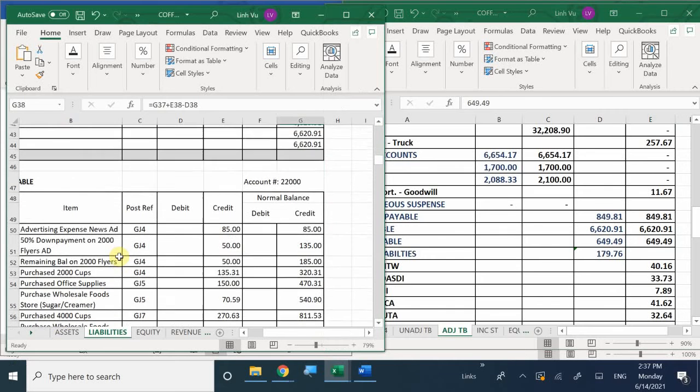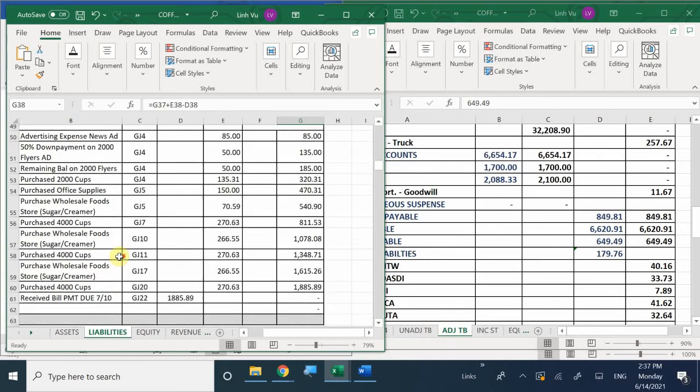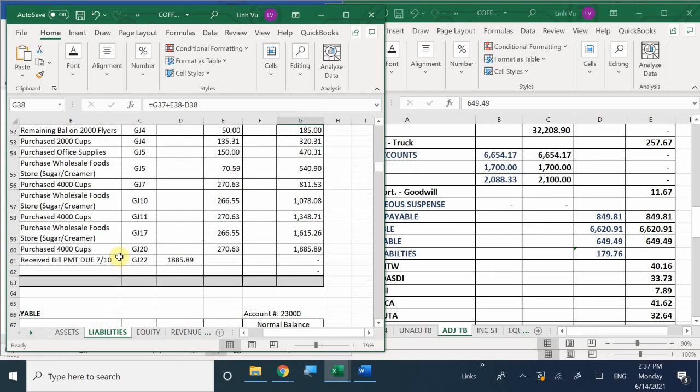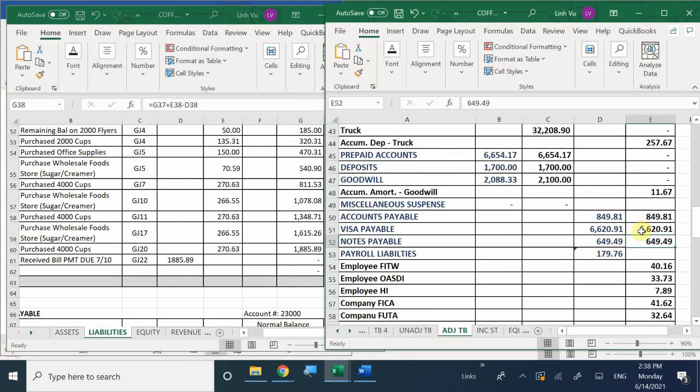What about my Visa payable? We paid it off, so it goes to 0. Hold on.